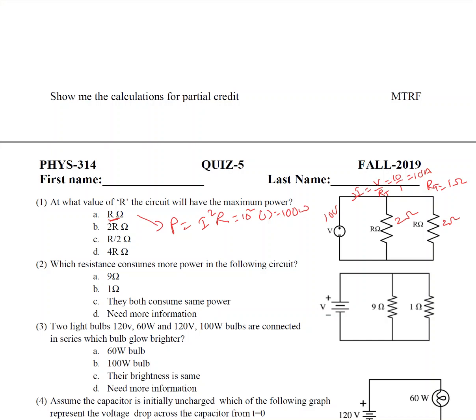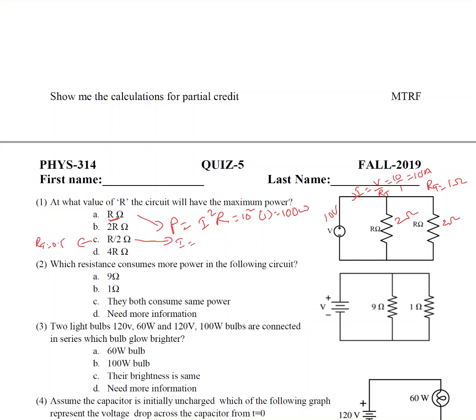Let me go with the third case. If I take R by 2, so basically 1 ohm and 1 ohm, what is the R total? In this case, R total equals 0.5. So what is the I?